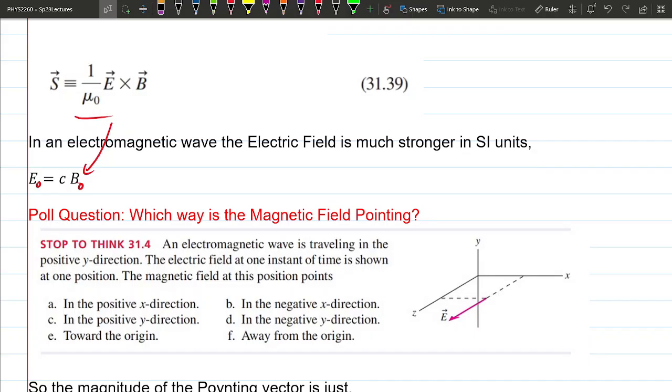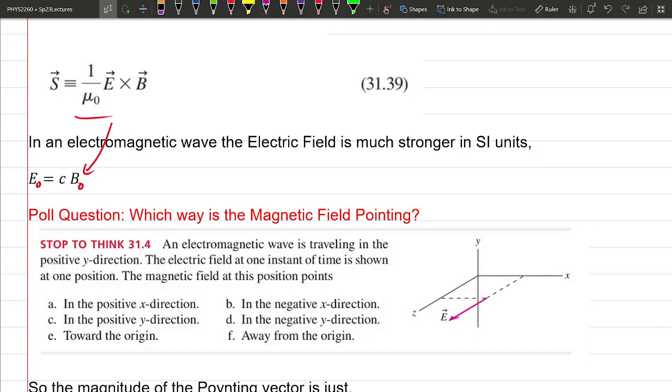That's because of this factor of the speed of light, which is 3 times 10 to the 8. So whatever the magnetic field strength is gets multiplied by 3 times 10 to the 8 to give you the electric field in the same wave. That's how the amplitudes of these waves are related to each other. So always remember that electric fields are big, magnetic fields are small, so you multiply the magnetic field by the speed of light to get a big electric field. That's how you remember that.